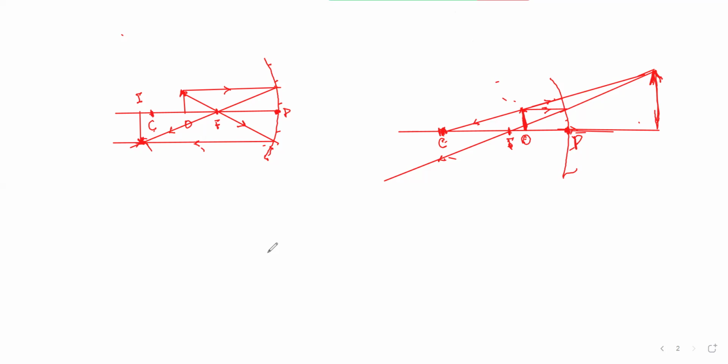Light passes from air into a liquid. So just a quick sketch. This is the normal.